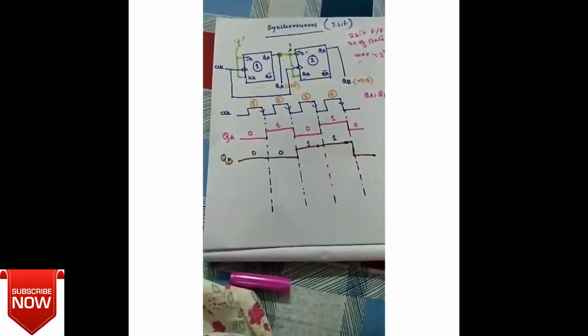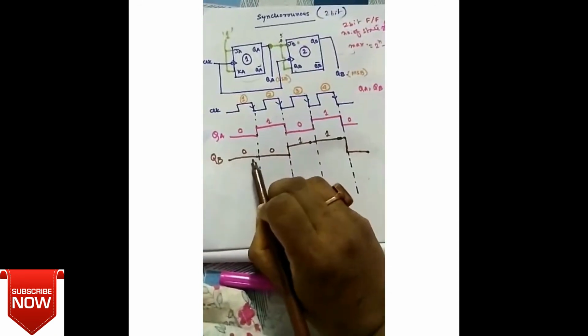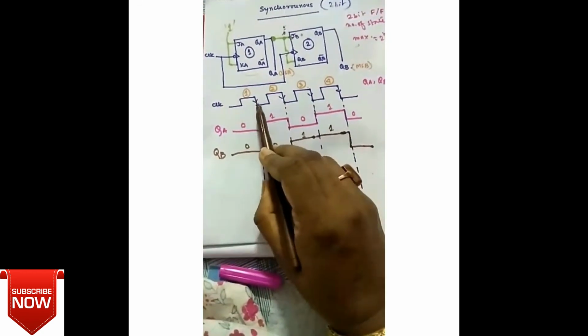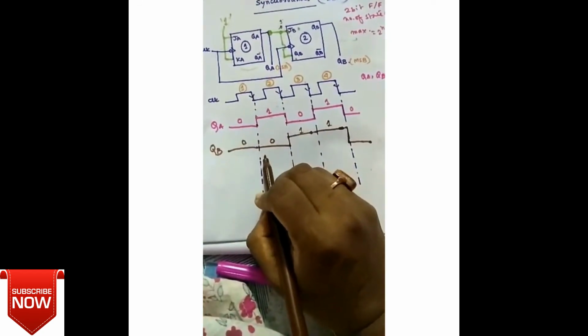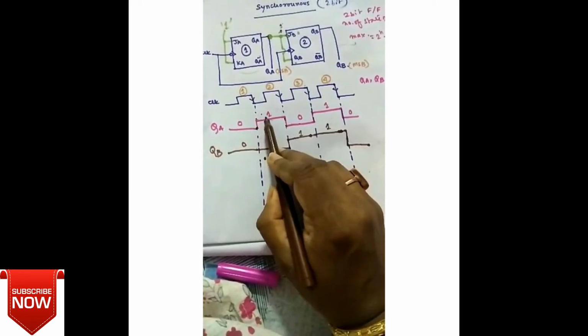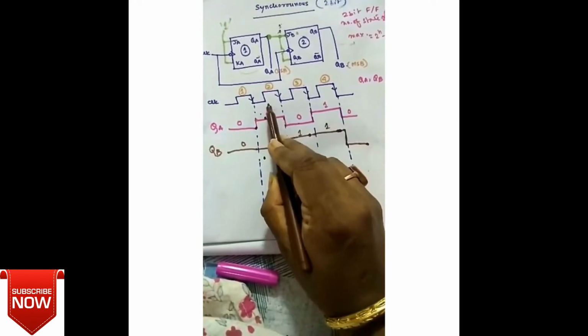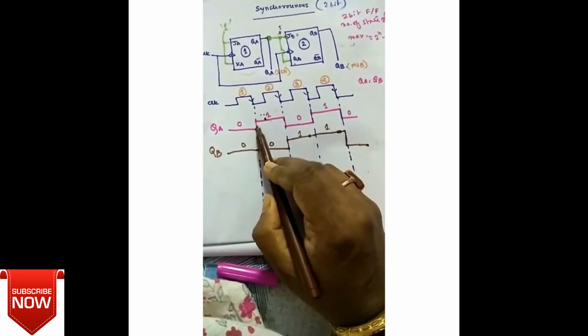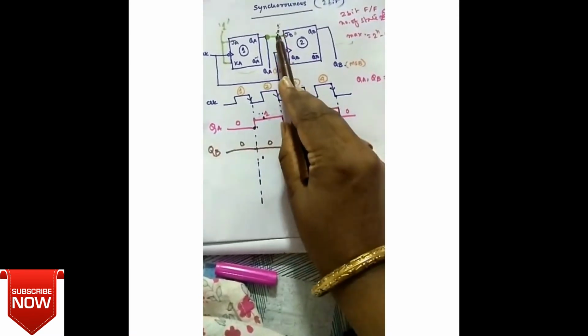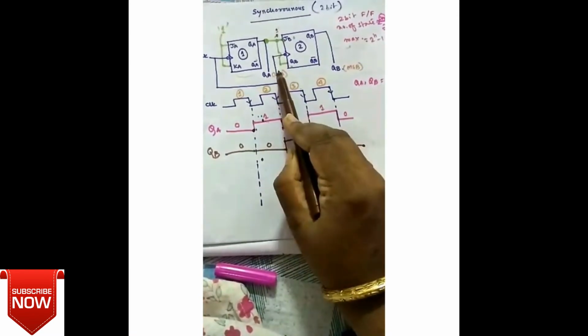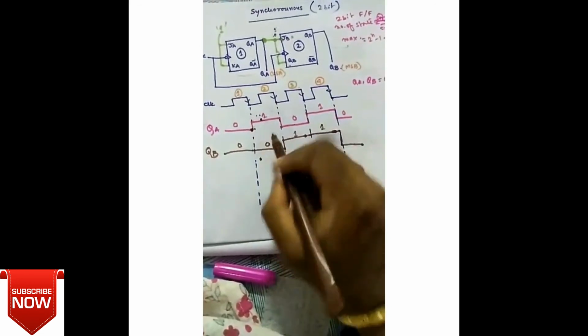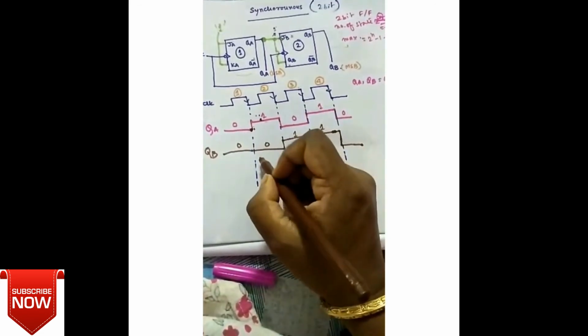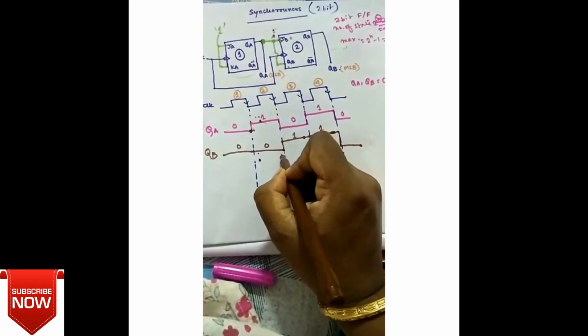Okay. Initially QB is 0. Once the negative edge is triggered, before this QA is changing from 0 to 1, this 0 is taken as the input of this flip-flop, that means J and K is now 0. So once J and K is 0, this QB will remain unchanged.